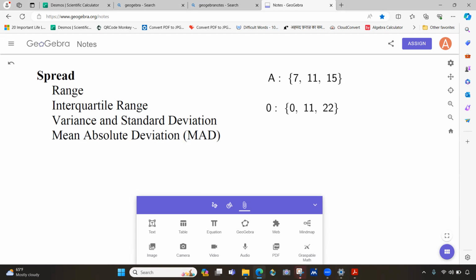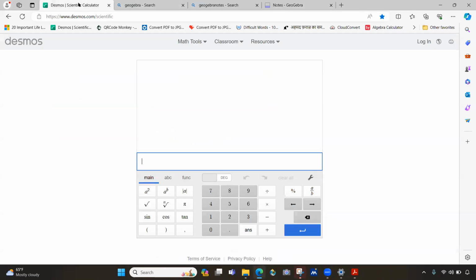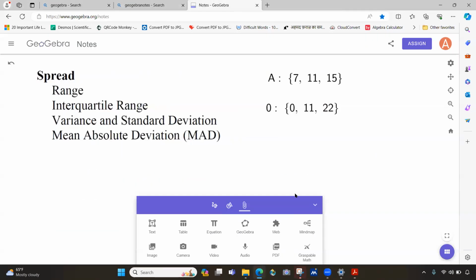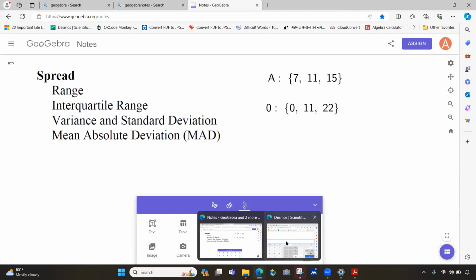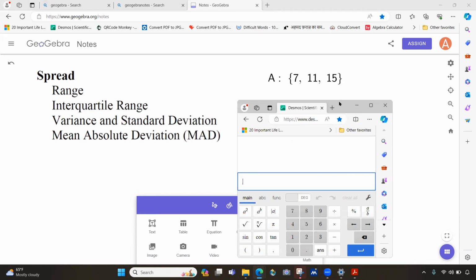So let's find, I need the calculator. Give me a second. We're not getting into spread yet. We're trying to ask, why do we care about spread? What is spread?